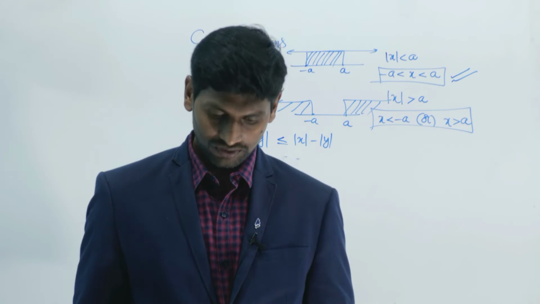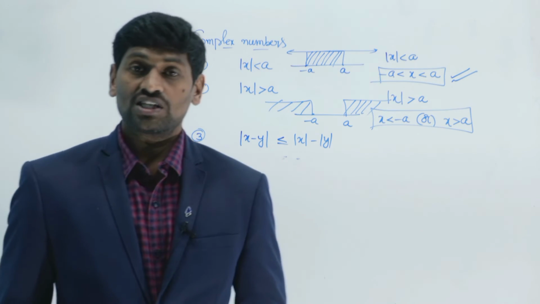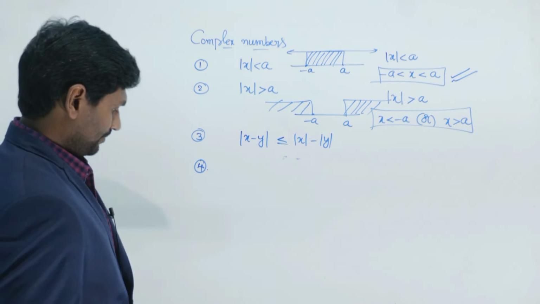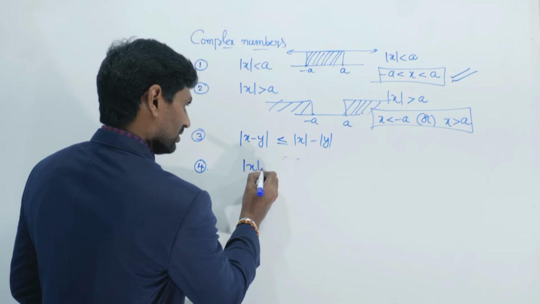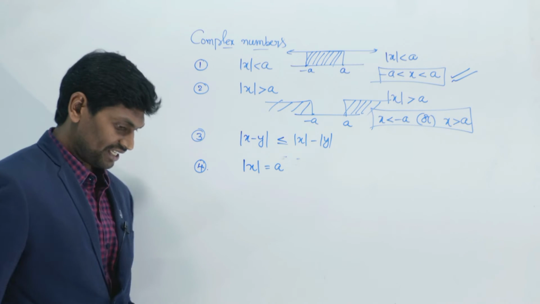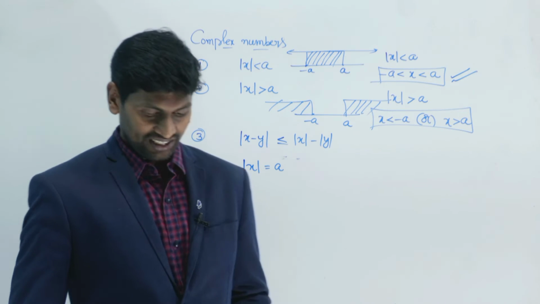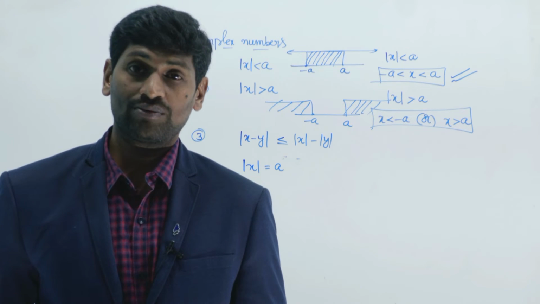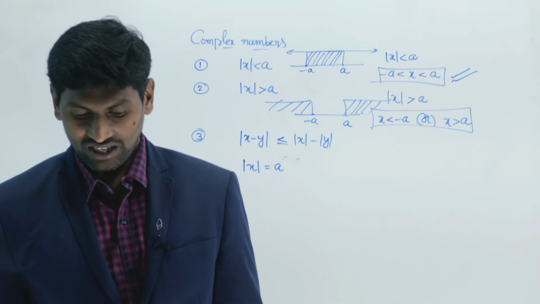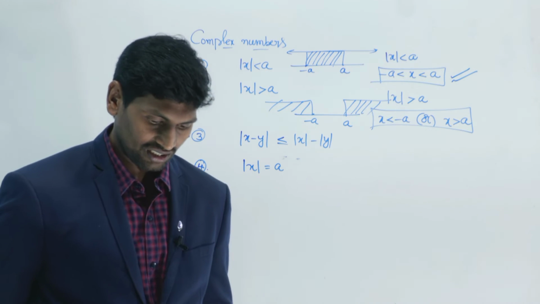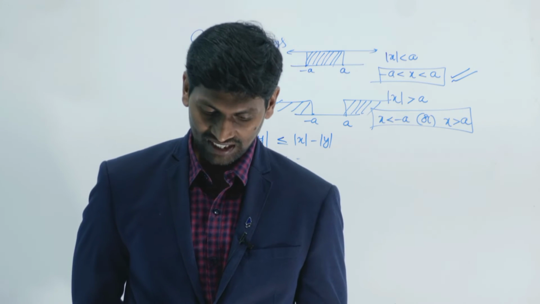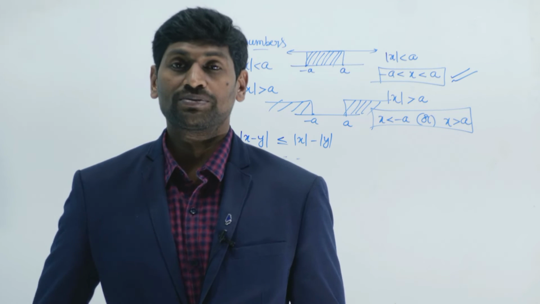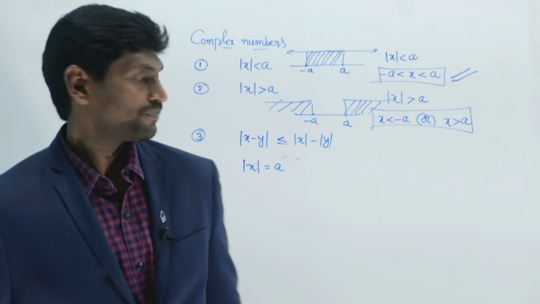Question number 4. Modulus of x equals a. The options: x is less than minus a or x is greater than a; x equals plus or minus a; minus a less than x less than a; and x belongs to minus a to a.